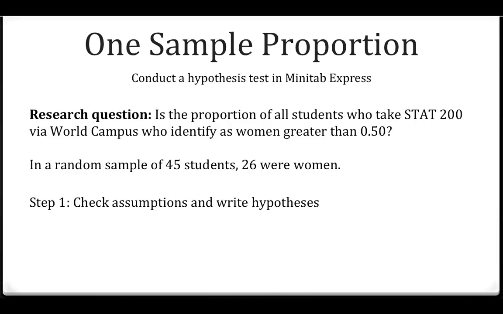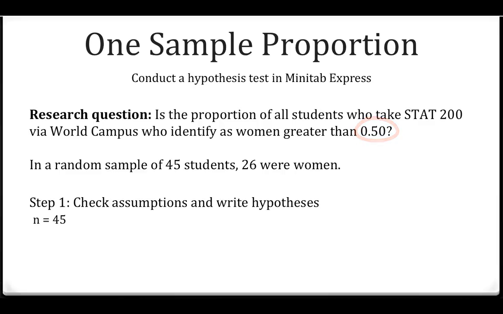In order to use the normal approximation method, n times p and n times 1 minus p must both be at least 10. In hypothesis testing, the value of p that we're going to be using is the value from the null hypothesis. Here, the hypothesized value is 0.50.